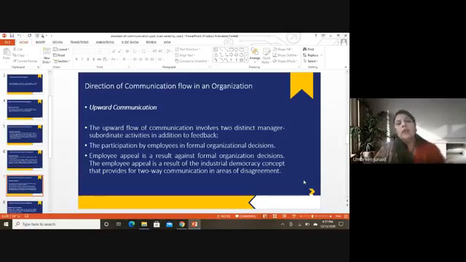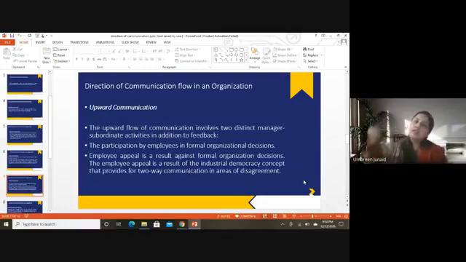And secondly, employee appeal against formal organizational decisions. For example, your organization has taken a decision and you don't agree with it. There must be a margin, as they say, the industrial democracy concept. The industrial democracy concept actually gives employees a right to appeal against formal organizational decisions. This facilitates two-way communication.